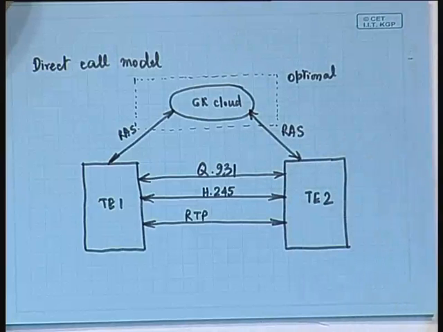In fact, that used to be the case in the initial PC centric proprietary VoIP applications. There was no concept of gatekeeper that was introduced, but when people planned for commercialization and exercising control of the GK, there this RAS is necessary.